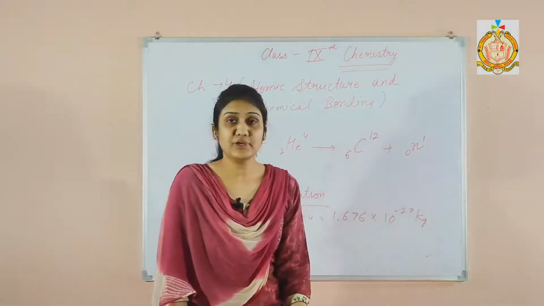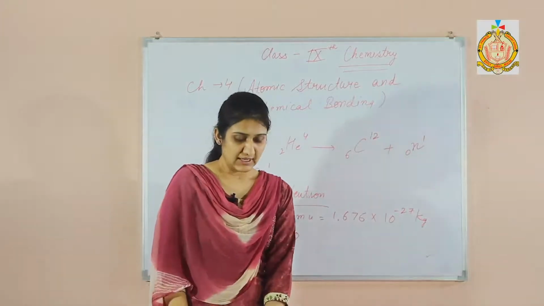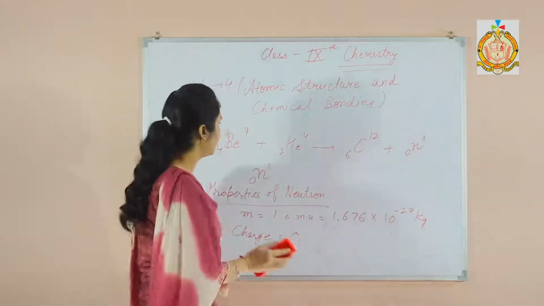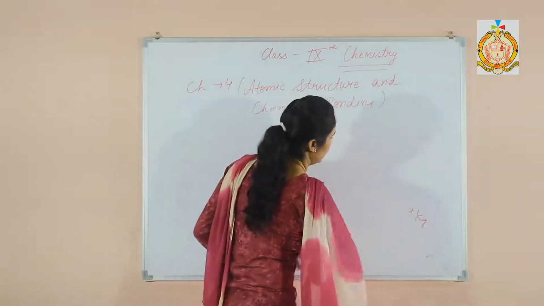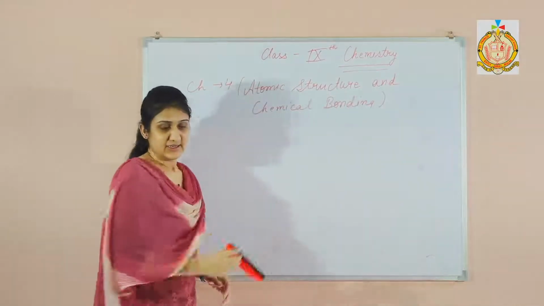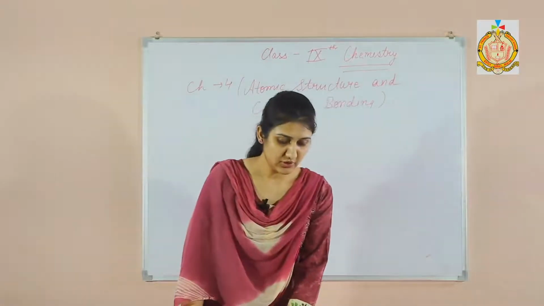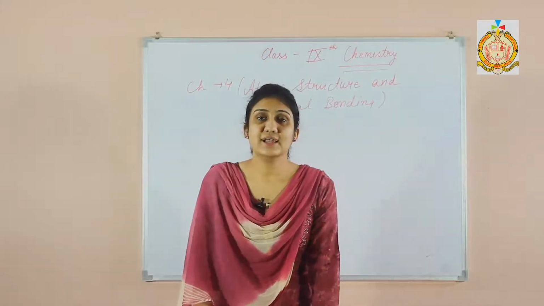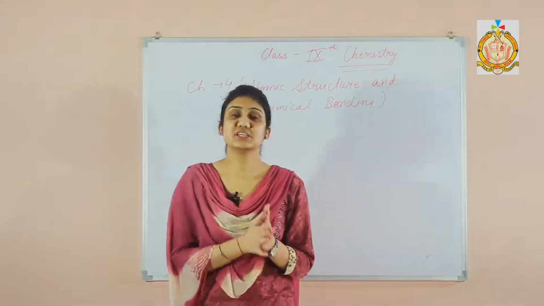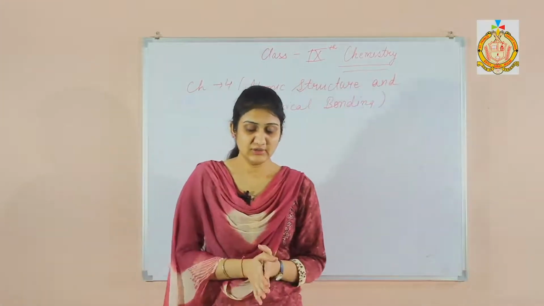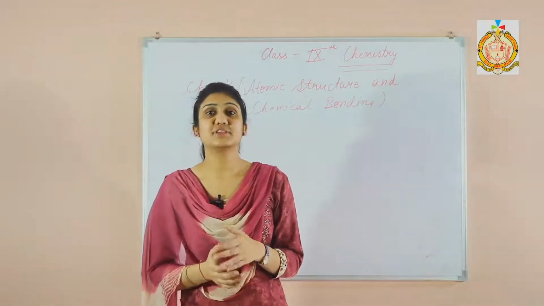Now we shall compare Dalton atomic theory and modern atomic theory. You have already studied Dalton atomic theory. According to Dalton atomic theory, atoms were considered indivisible, but modern atomic theory says that atoms are divisible.